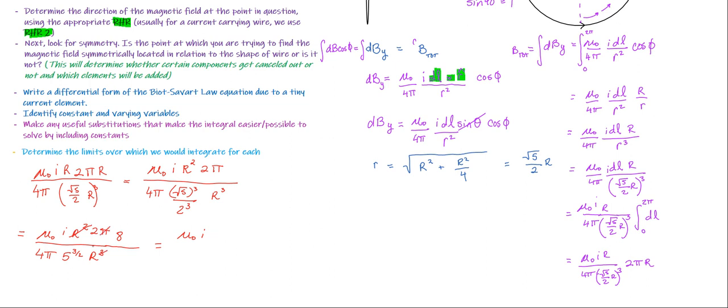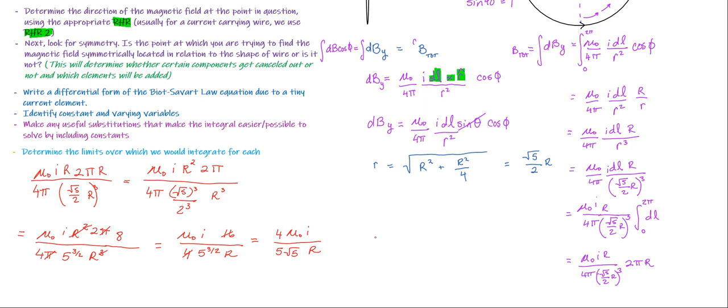The pi will simplify out, and I've got 2 times 8 is 16, so mu naught I times 16 over 4 times 5 to the 3 halves times r. 16 over 4, of course, is just going to give us 4, so we're going to have 4 times mu naught I, and that's going to be over 5 to the 3 halves, which is going to give us 5 root 5, and then that's going to be times r.